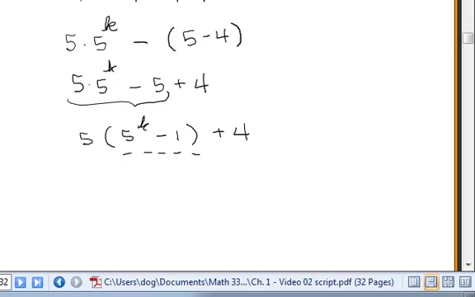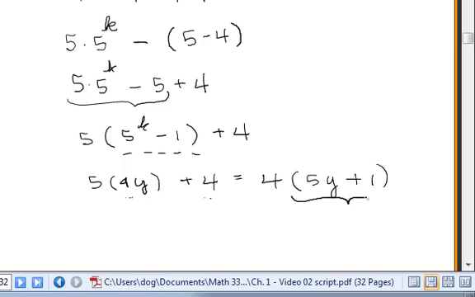It's 4 times y. So I'm going to substitute. This is 5 times 4y plus 4. And then I'm going to factor out the common factor of 4. This is 4 times 5y plus 1. And there's my z.